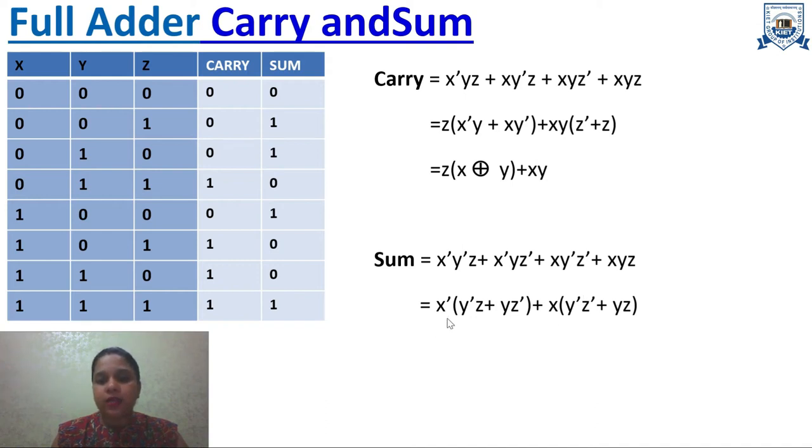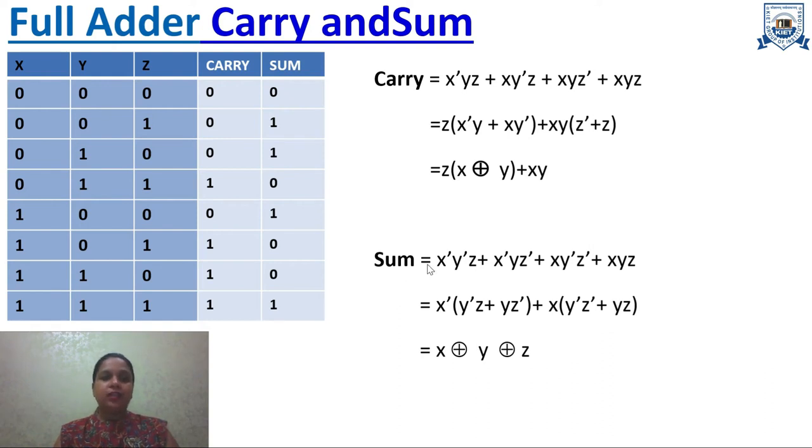So this statement is very much similar to this statement, a bar b plus a b bar. It means it can be written as x XOR y XOR z. Because this is b, this statement can be written as x XOR b. So the value of sum will be x XOR y XOR z. Now we have the Boolean expressions for carry and sum.